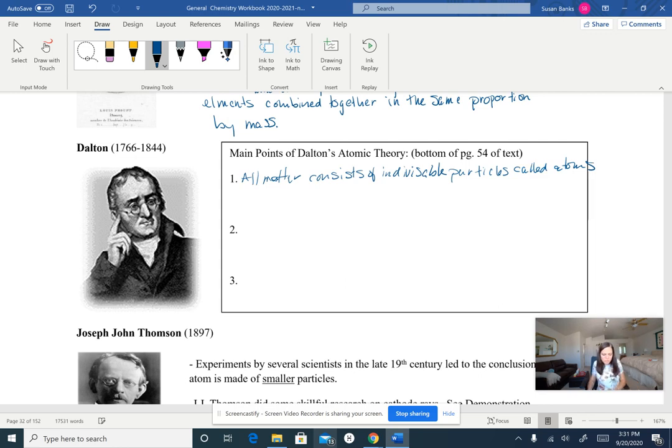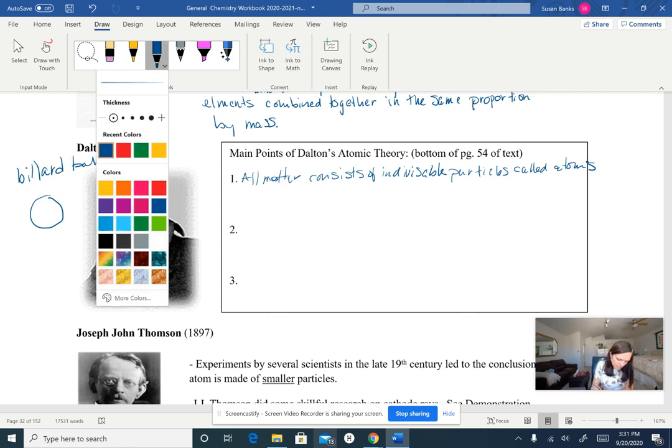Okay, so Dalton thought of an atom as a big round ball. He thought of it as a billiard ball. Now, those of us in the United States really don't know what billiards are. In England, across the Atlantic Ocean, they call pool billiards. So he thought of atoms as pool balls, big, hard balls that are unbreakable, indestructible. That's what he thought of as atoms.